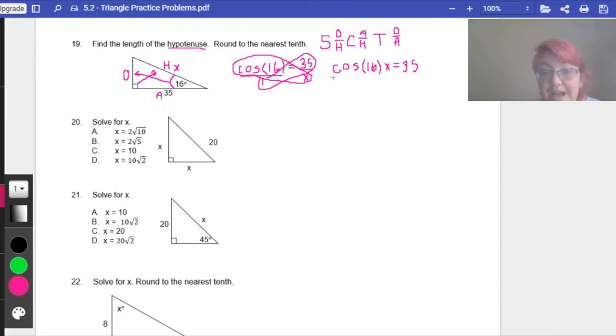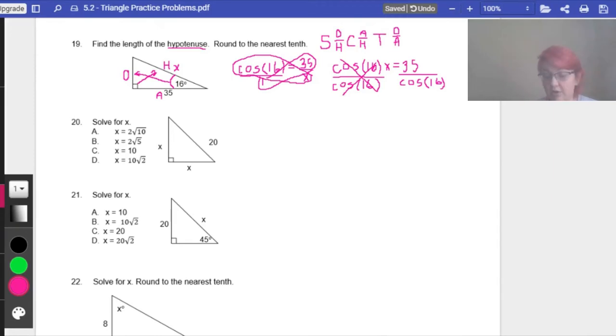All right, now I'm going to divide by cos 16 to get X by itself. And that's going to cross out. So X is equal to 35 over cos 16.